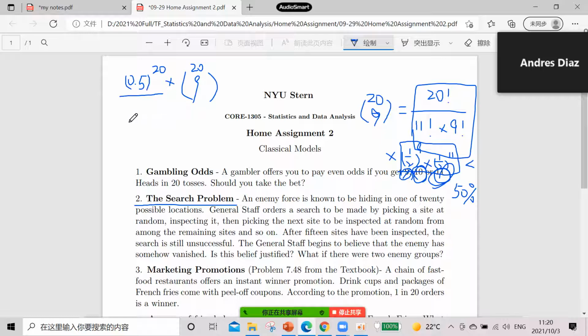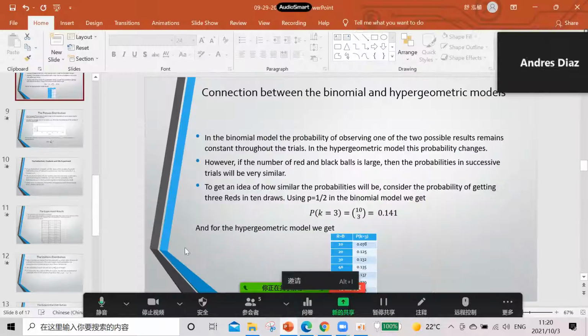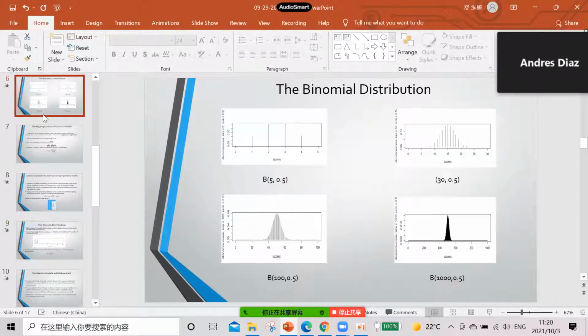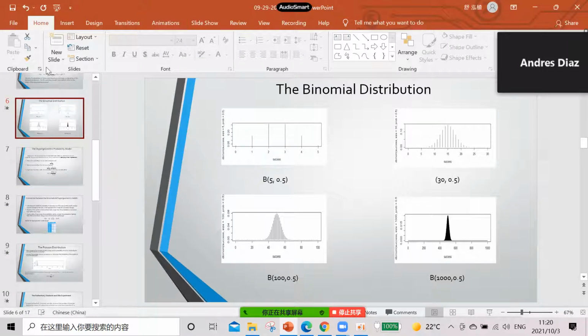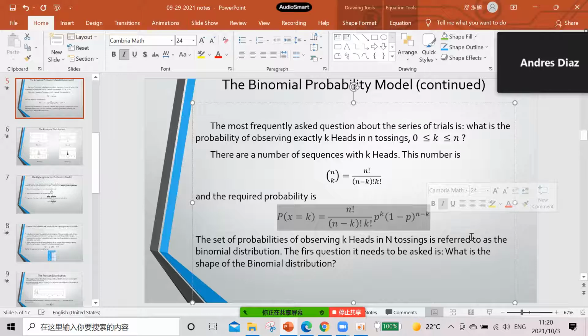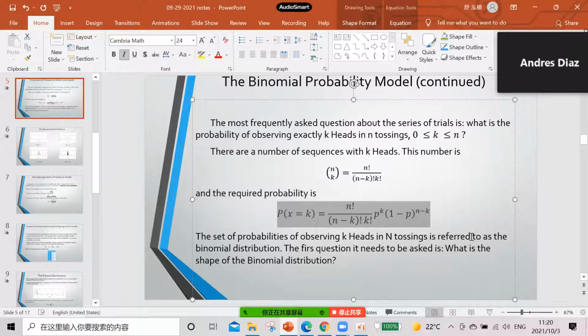But then you still need to calculate the probability of finding 10 heads out of 20 tosses, 11 heads out of 20 tosses, and you sum them up. Got it. This question looks simple, but those big formulas are actually the same. If you understand this formula and you plug in the numbers, you will get the same number.